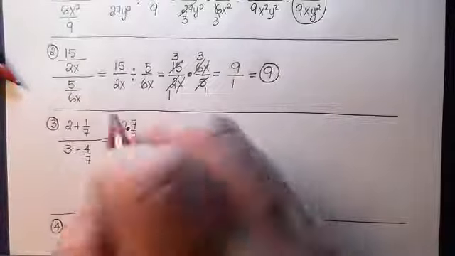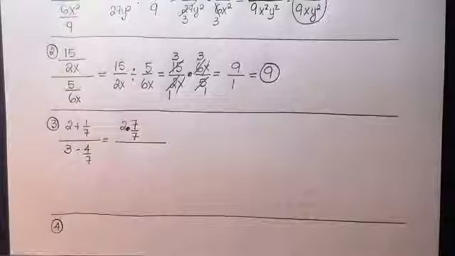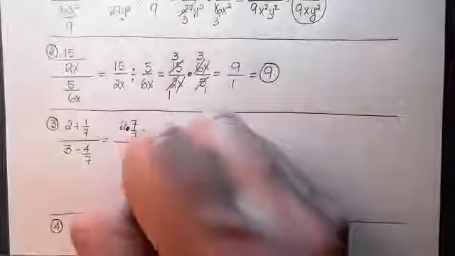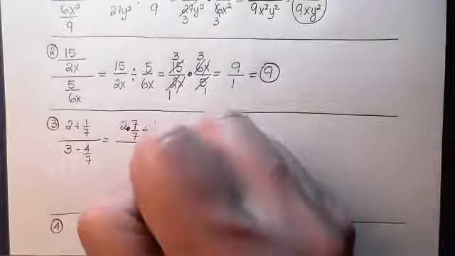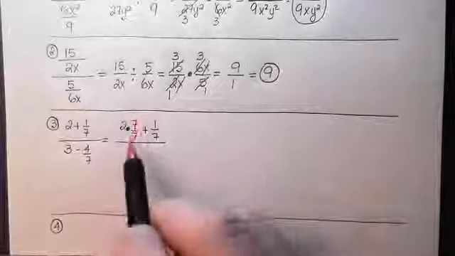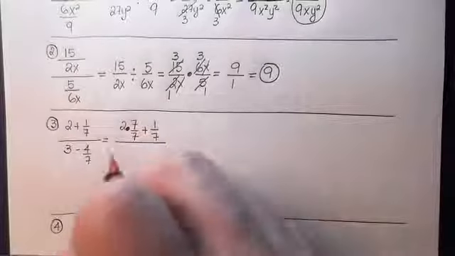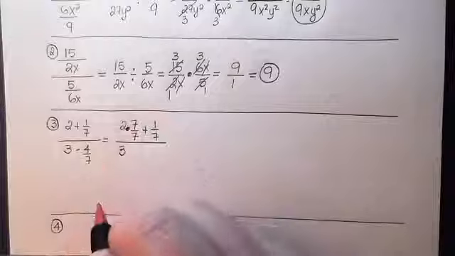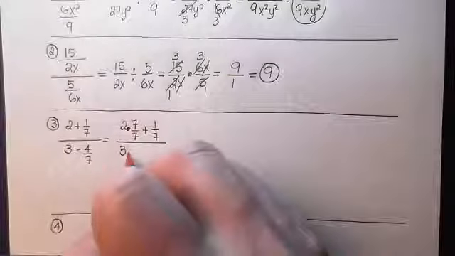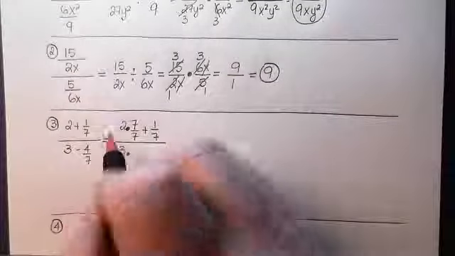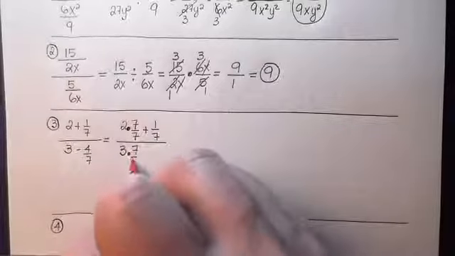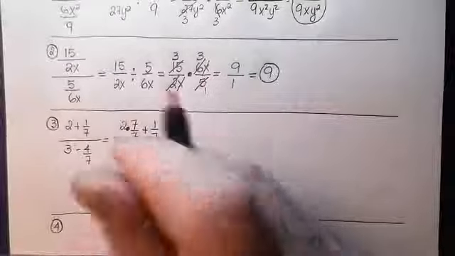I'm going to multiply top and bottom by 7, and by doing that, I'm making sure that they're going to have the same denominator. On the bottom here, I'm going to multiply also top and bottom by 7. That way I'm going to have a common denominator of 7.